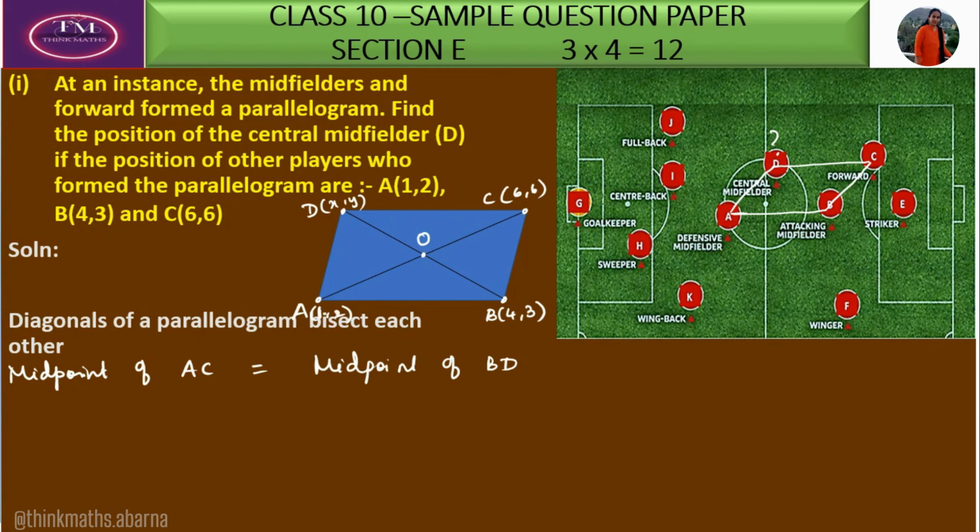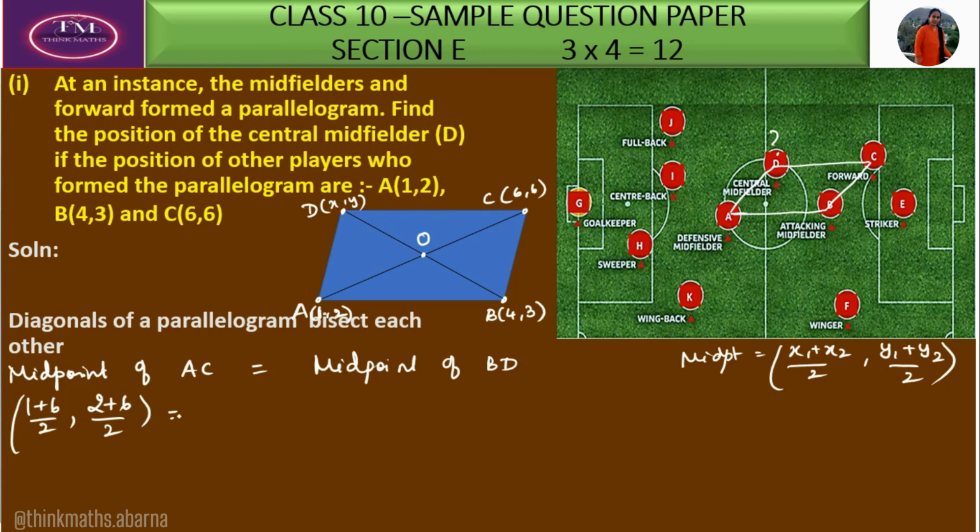So AC is 1, comma 2 and 6, comma 6. What is the midpoint formula? Midpoint formula is x1 plus x2 by 2, comma y1 plus y2 by 2. You have to add the x coordinates, divide by 2, add the y coordinates, divide by 2. So it is 1 plus 6 by 2, comma 2 plus 6 by 2, which is equal to midpoint of BD.